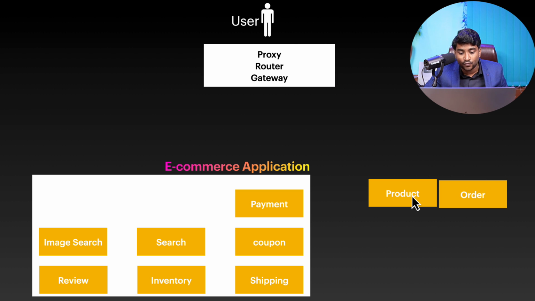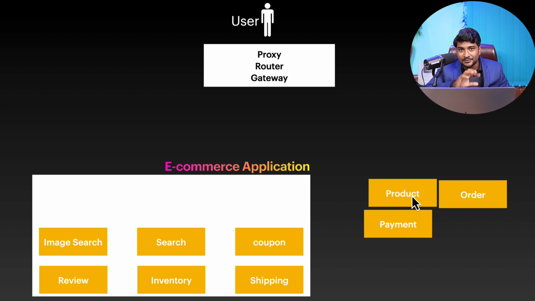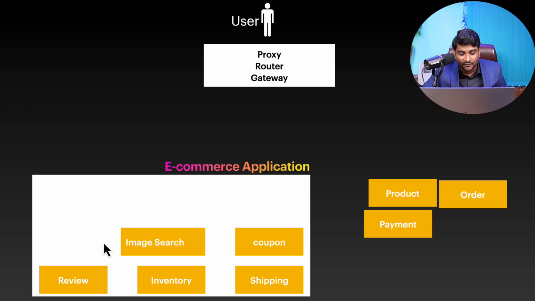And like that, one after another, we can keep on separating these modules and keep creating new microservices. Whenever needed, for example, search and image search can be joined together, and we can create one boundary for them. We can merge them together and separate them as a new microservice.